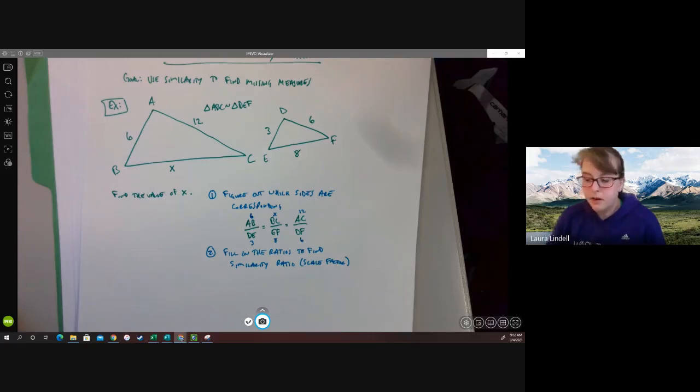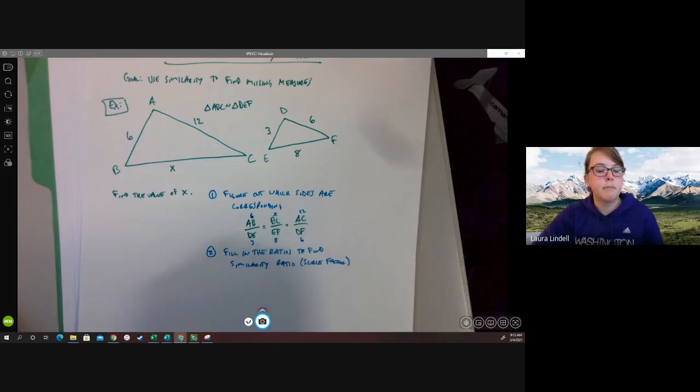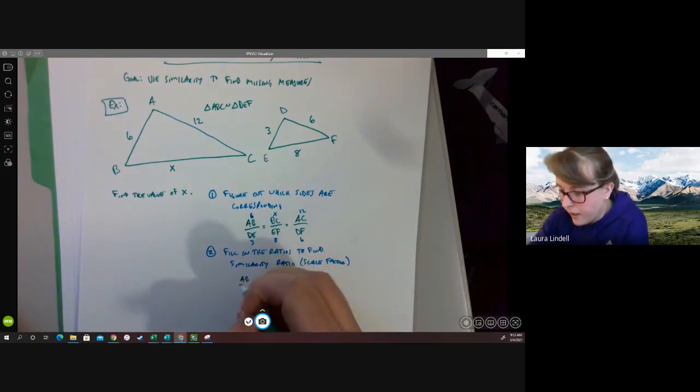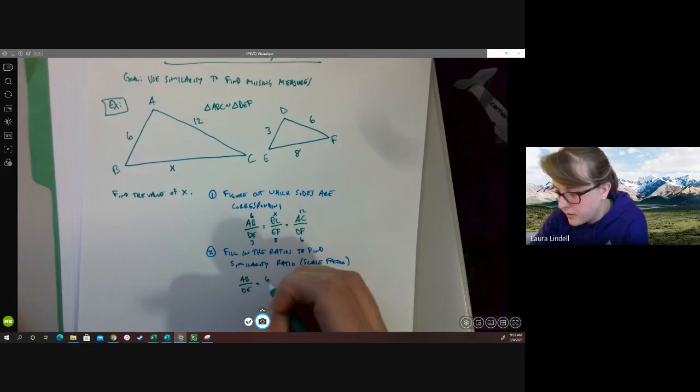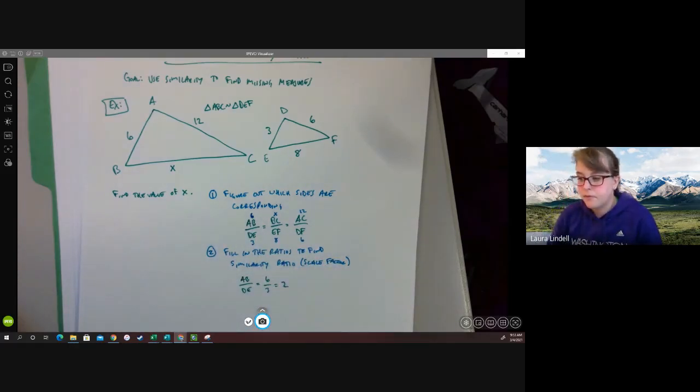So that similarity ratio is going to be one of these where I have both the number on the top and the number on the bottom, kind of like we were working with yesterday, finding that similarity ratio. So in this case, the similarity ratio, AB over DE, is 6 over 3, which is 2. Or you could use the flipped version.